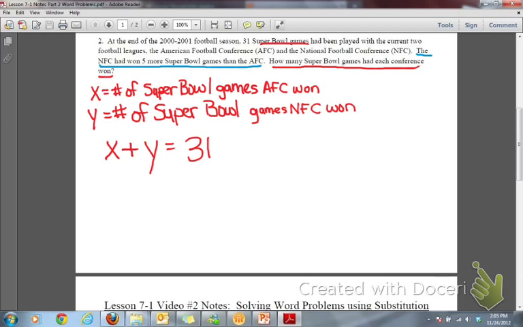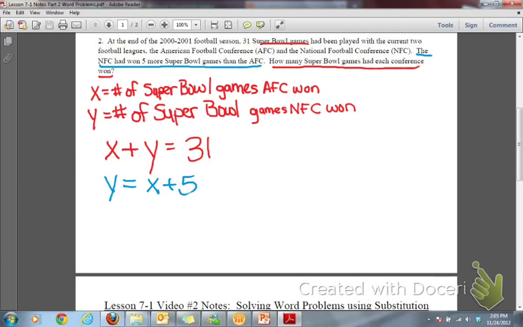So the NFC is our Y. So Y equals 5 more than the AFC. So that would be like X plus 5, or 5 plus X. Okay, because the NFC is equal to 5 more than the AFC. The AFC is X.